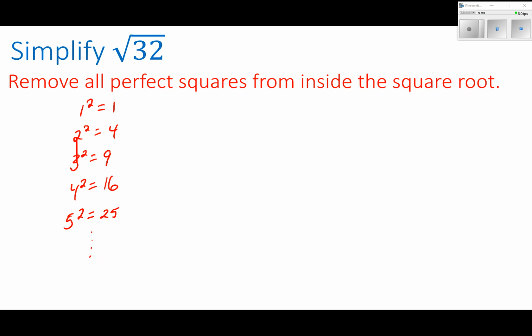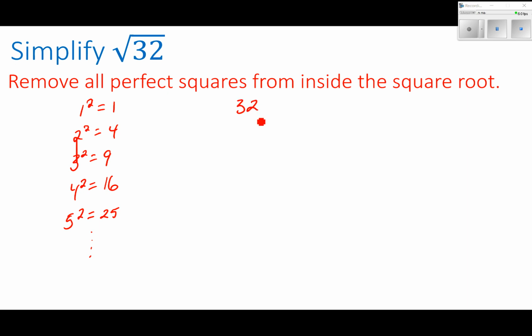So 1, 4, 9, 16, 25, those are all perfect squares. We want to use those. Those are our friends. Whenever we're trying to break up something under a square root, those are the numbers we're looking for to see if they are a factor. 1, 4, 9, 16, 36, 49, 64, 81, and we can keep going. All it is is taking 1, 2, 3, 4, 5 and keep going and just squaring those.